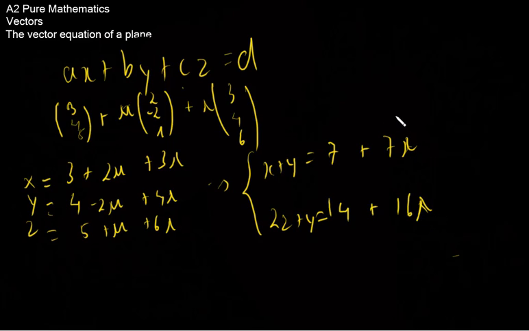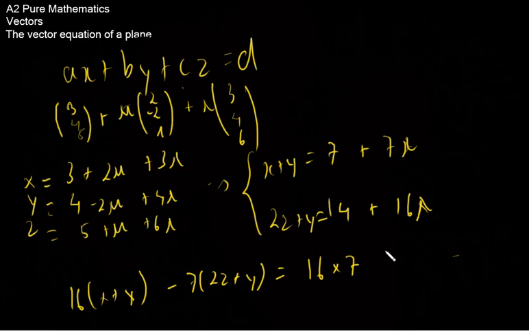Right. So to get rid of lambda, we can multiply x plus y by 16 and 2z plus y by 7, and subtract them. So here we have 16 times (x plus y) minus 7 times (2z plus y), equal to 16 times 7 minus 7 times 14.